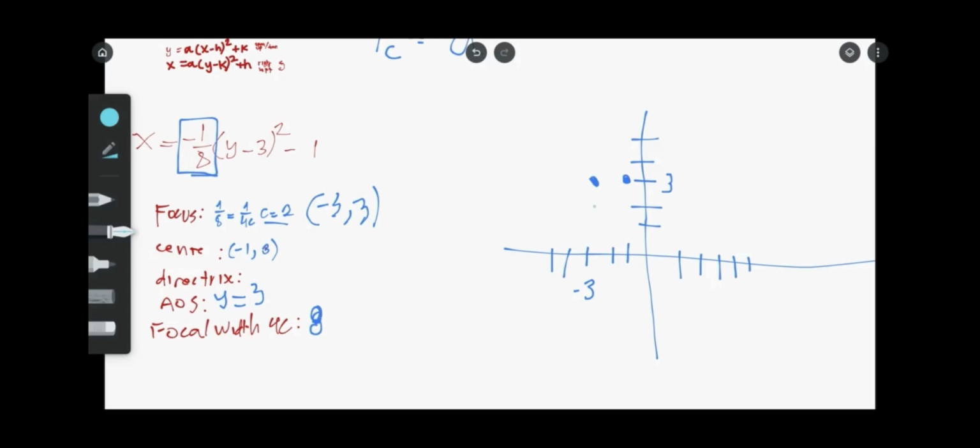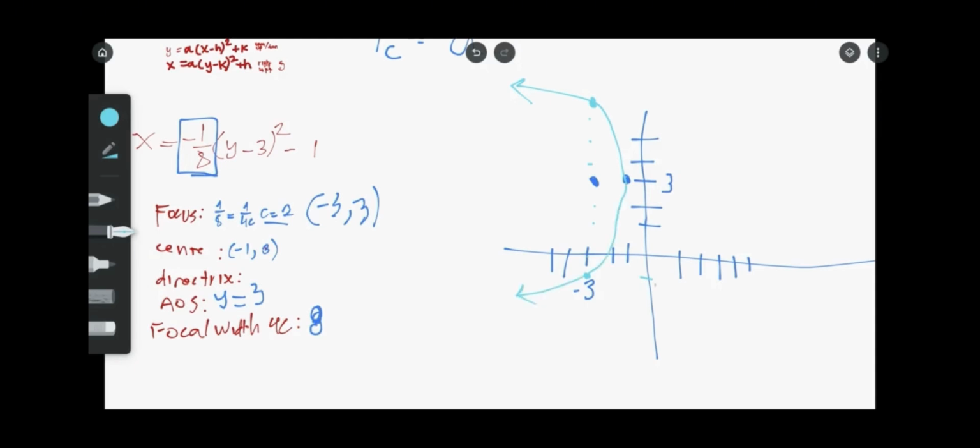So 1, 2, 3, and 4 right over here, and then 1, 2, 3, 4, and you graph it like this. It doesn't have to look perfect.